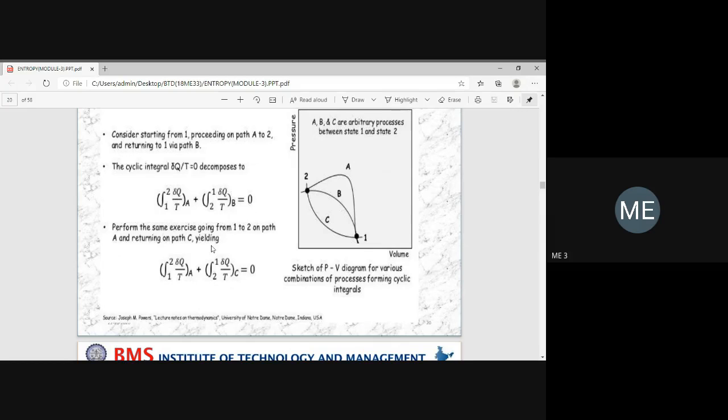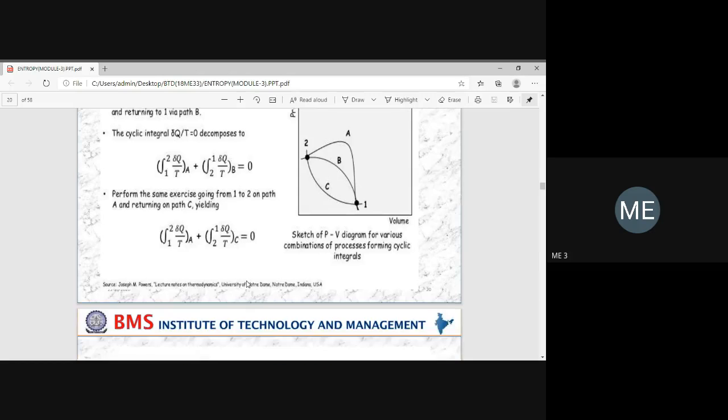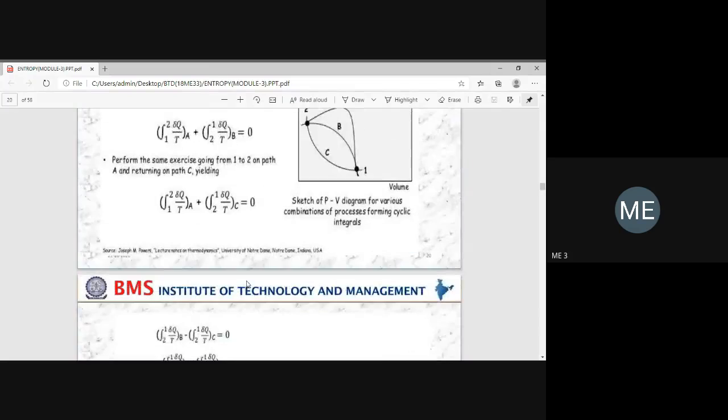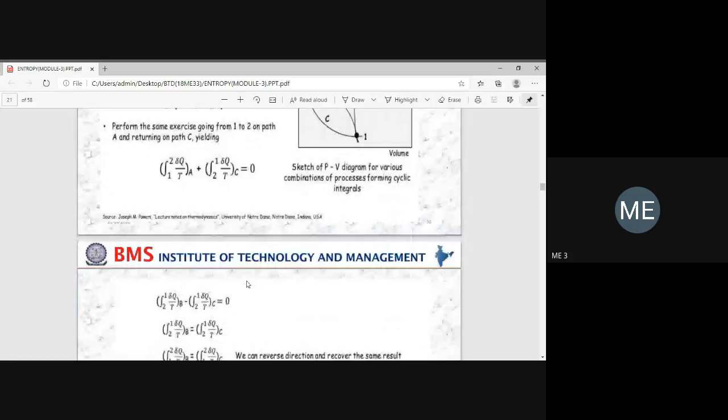So we can write the integration of dq by T for following path A between the limits 1 to 2, plus integration of dq by T between 2 to 1 by following the path C equals 0.